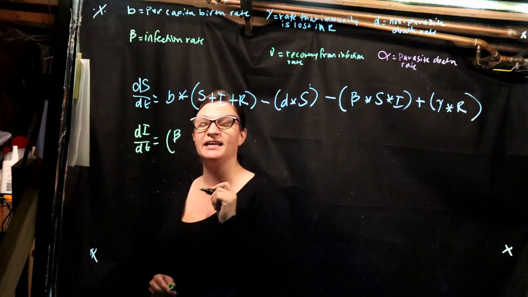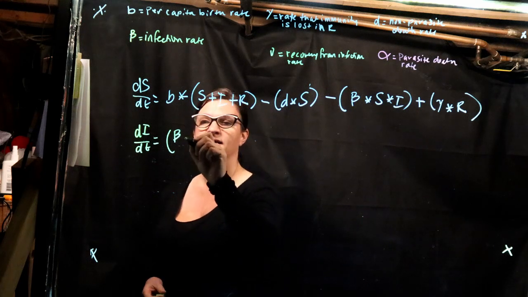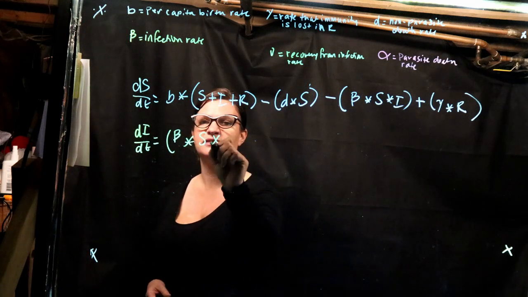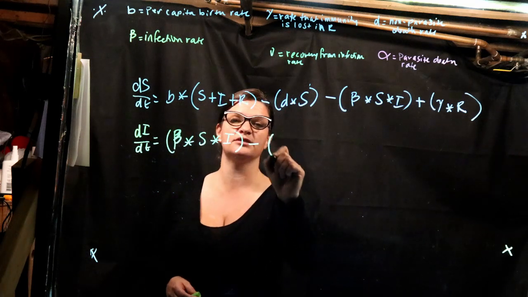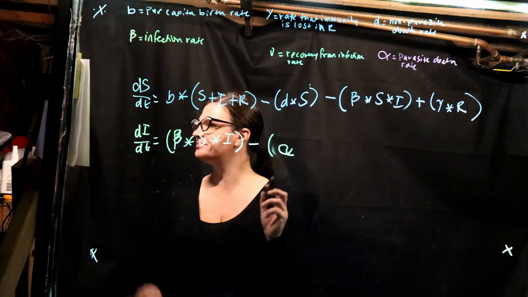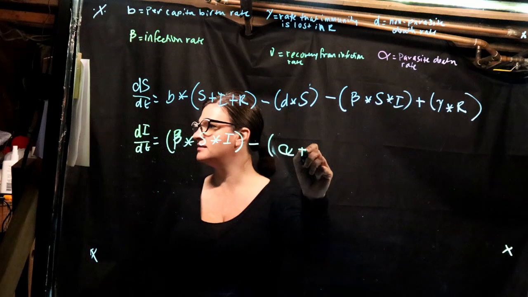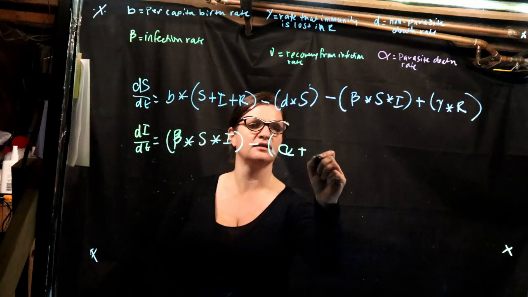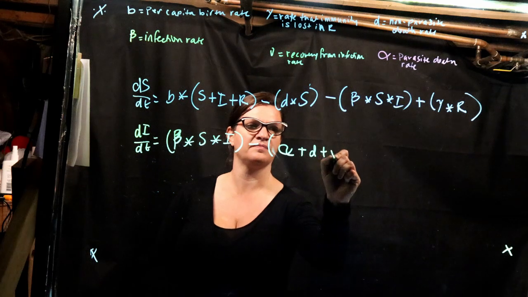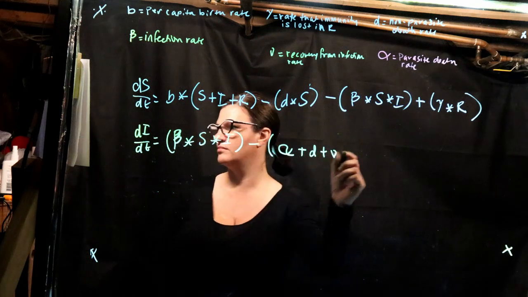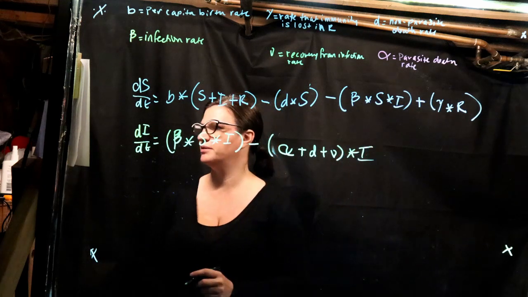So the rate at which we get individuals into the infected bin is beta times S times I. Now we want to look at the rate at which we lose individuals, so that's going to be this, alpha plus d plus V, times the population size of that infected population.